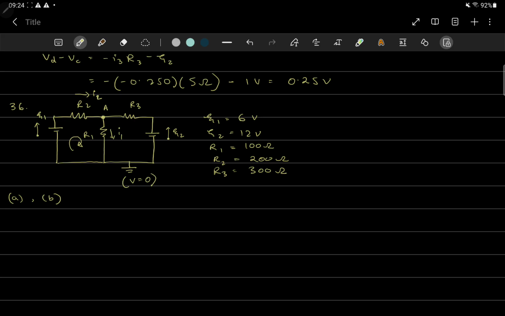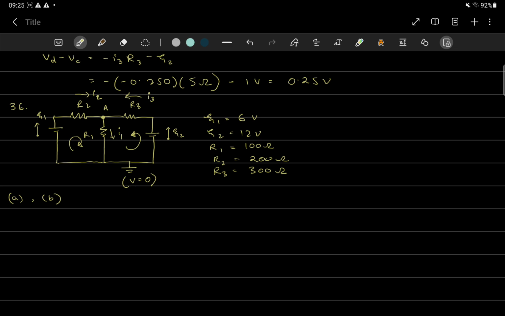Okay, so now if this is true, we also need the direction of I3 as well. So let's say that I3 is in this direction, which we're going to take in the direction of the loop. Later on we will see that if indeed we get a different direction of the current, it will just give us a minus.